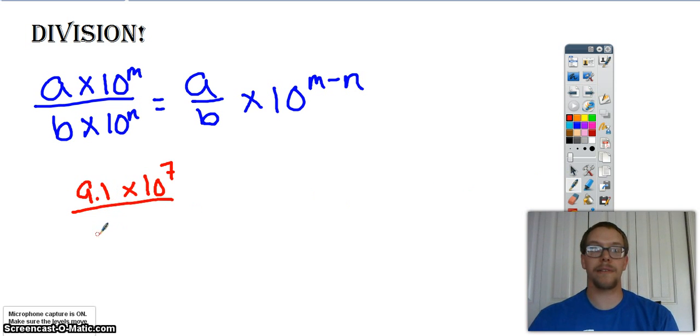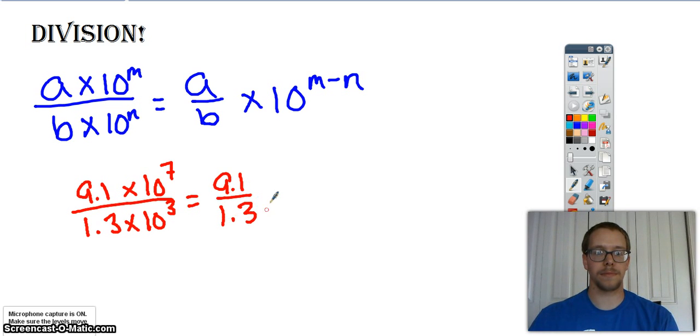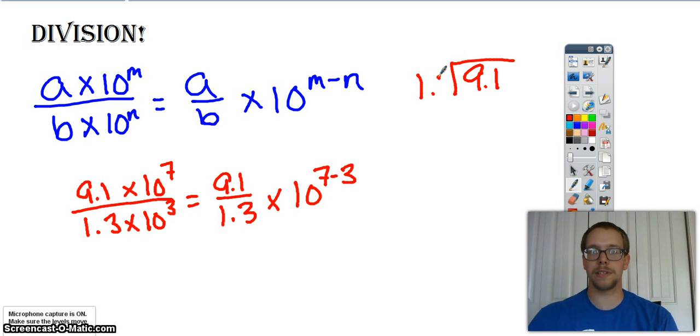And let's just say we have 1.3 times 10 to the third power. We're going to have to take 9.1 and divide it by 1.3 times 10 to the 7 minus 3. Off to the side here, 9.1 divided by 1.3.